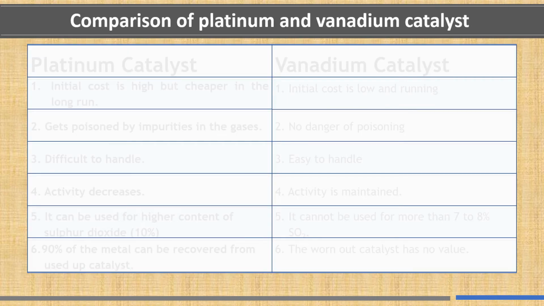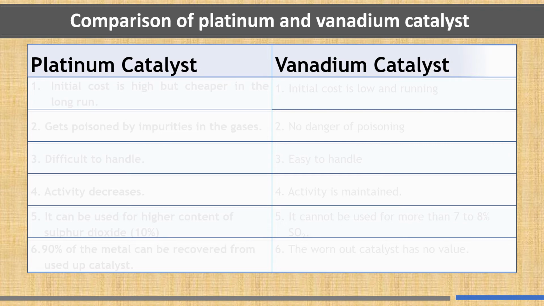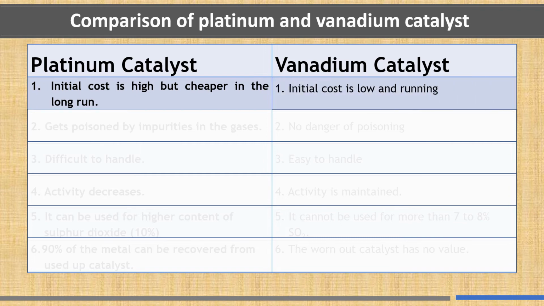Comparison between platinum and vanadium catalyst. The initial cost of platinum catalyst is high, but it is cheaper in the long run. The initial cost of vanadium catalyst is low and also the running cost is low.